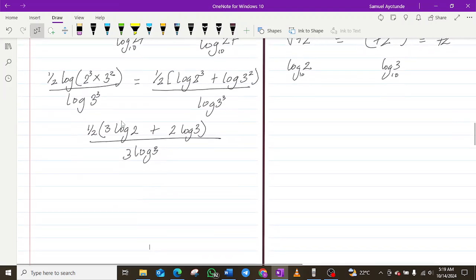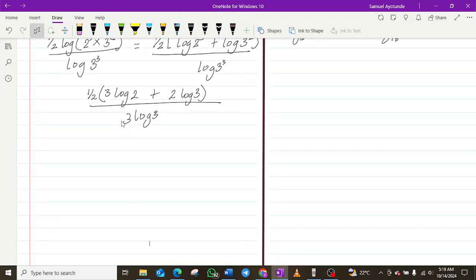So I can open up the brackets in the numerator. It will be multiplying the coefficients alone, not everything. So we have 3 over 2 log 2 plus 2 over 2 log 3, all divided by 3 log 3.